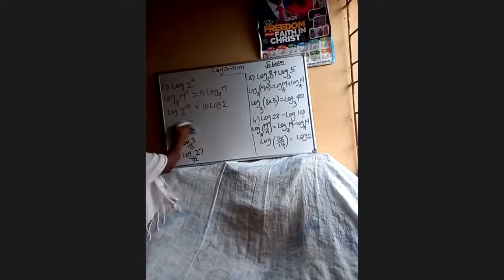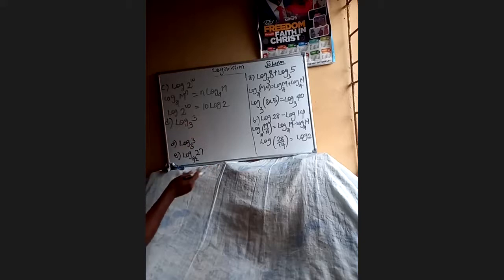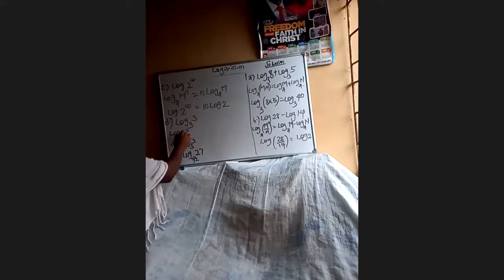So we come to the fourth one. We have logarithm of 3 base 3. We called this logarithm to its own base. The logarithm of a to the base of a is equal to 1. The logarithm of a number to its own base is always 1.